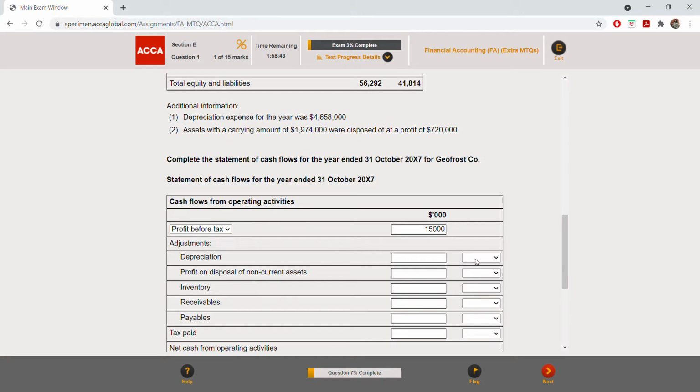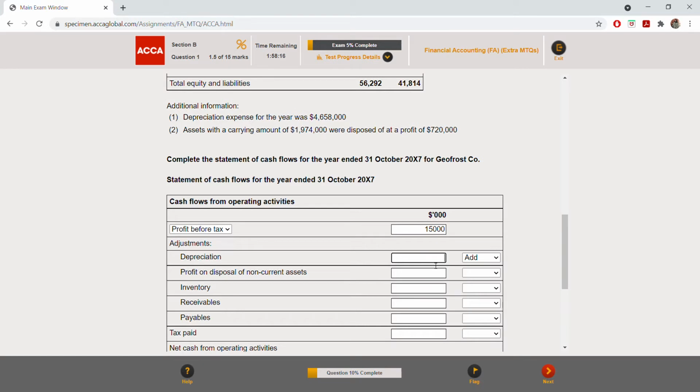Next we have depreciation. First of all, depreciation you add or subtract. Adjustments, profit before tax you add. All non-cash items you add, because when you are taking this profit before tax you deduct a depreciation. And what are we doing in the cash flow statement? We are converting that profit to cash profit, cash flow from operating activities. So we add the non-cash items.